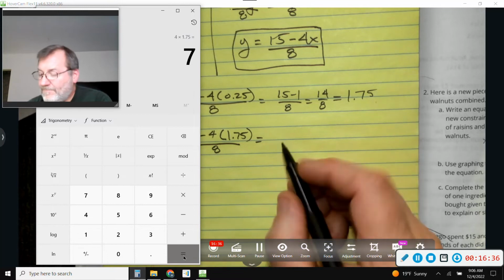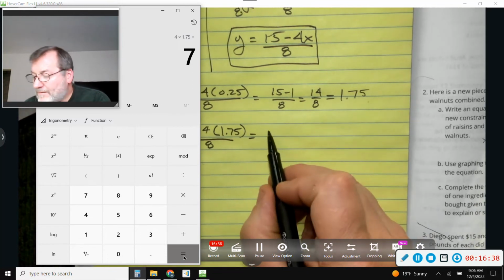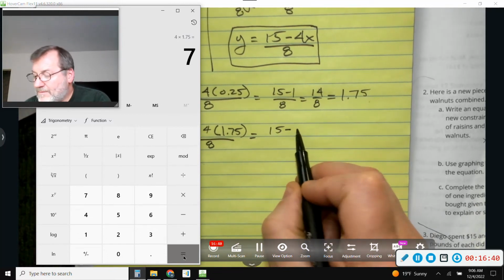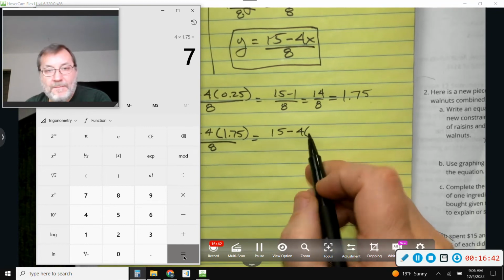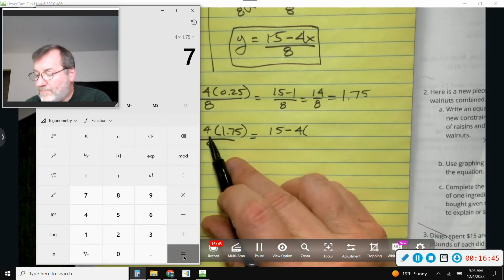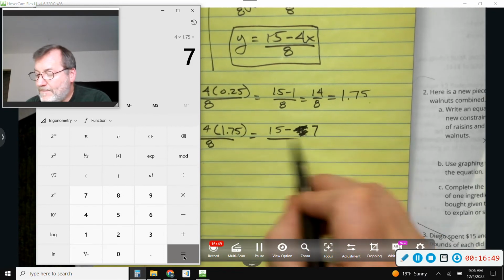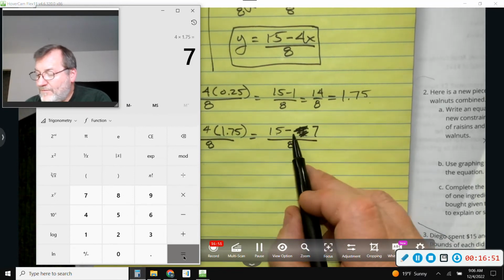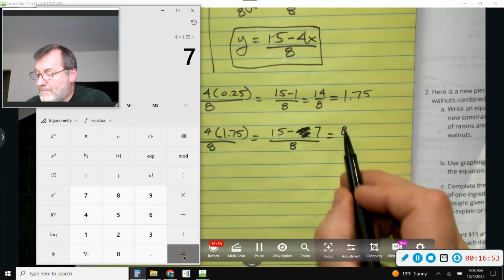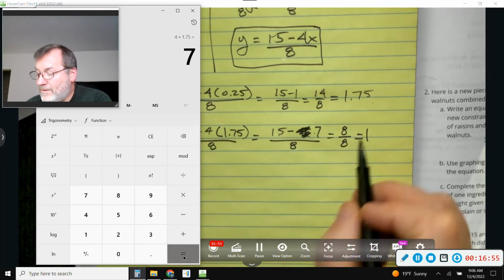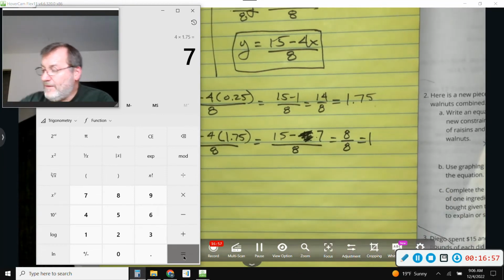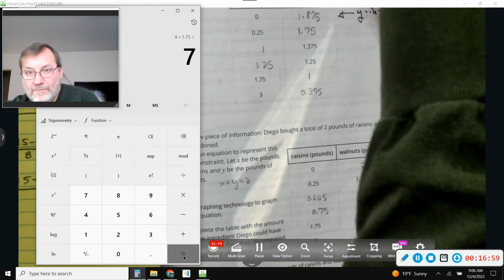That's a 7. So 15 minus 4 times 1.75 turned out to be 7, divided by 8. Well, 15 minus 7 is 8. 8 divided by 8 is 1. And that is what you've gotten right there.